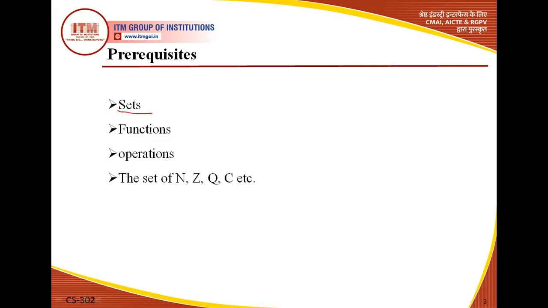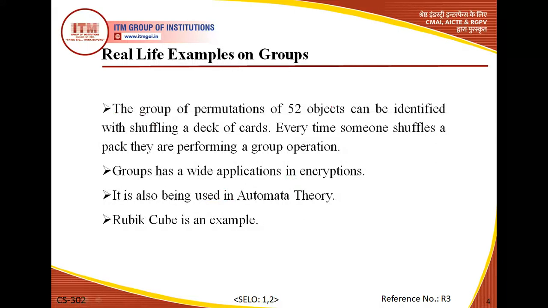That would be sets, functions, certain kinds of operations, and then all the sets like natural numbers, integers, rational numbers, complex numbers, etc. Basically, all those topics that we have studied in the first unit are important, or they happen to be the prerequisites for this particular unit. Let's see the real life examples on groups over here.